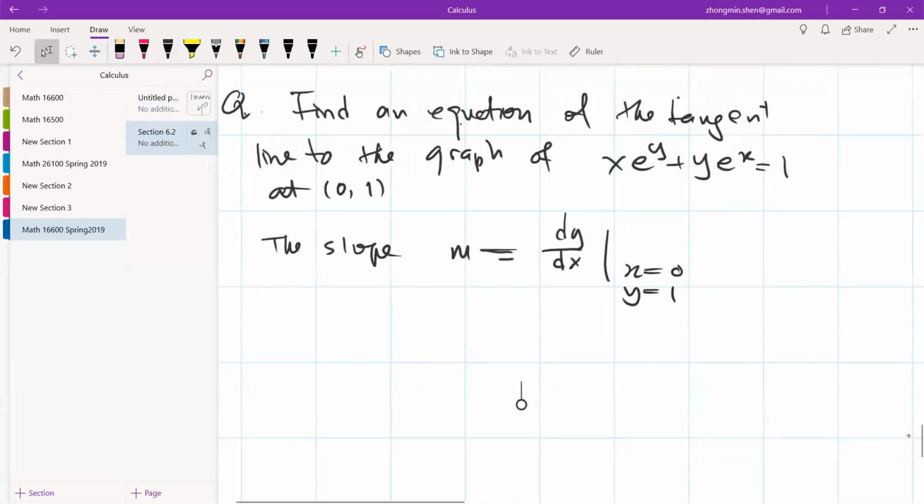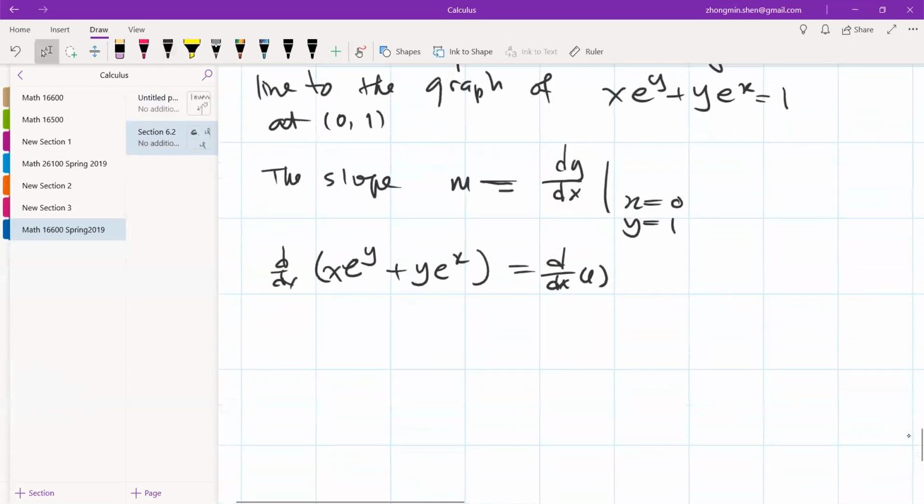So you differentiate both sides with respect to x. Be careful which derivative we're talking about.